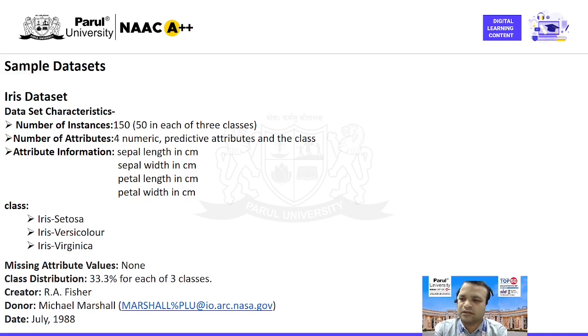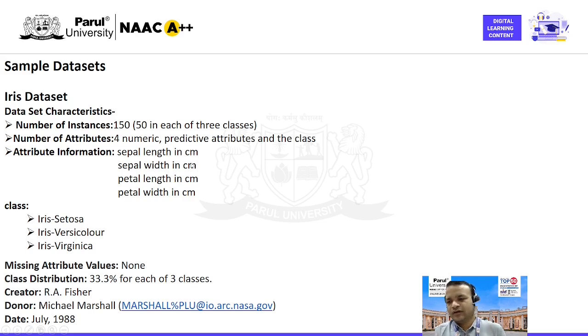Remember this thing: the number of attributes is 4 numeric, predictive attributes and the class. Four numeric attributes are there. For attribute information, the four attributes are sepal length in centimeter, sepal width in centimeter, petal length in centimeter, and petal width in centimeter.